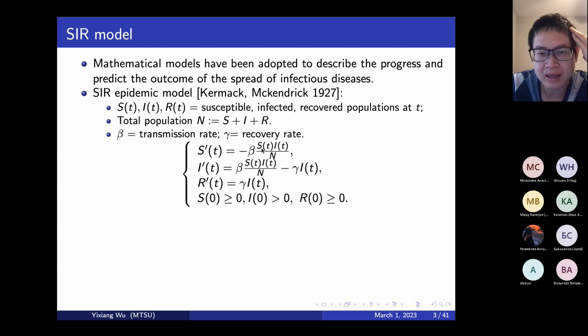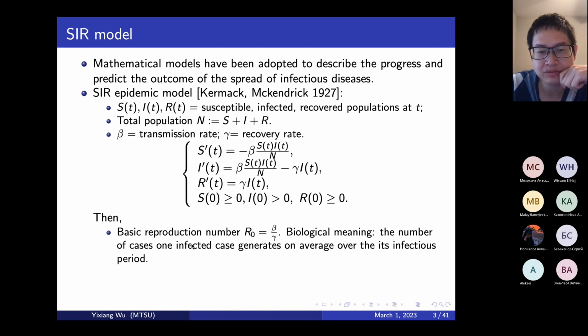Here the term beta S I over N is used to describe the interaction between susceptible and infected people. We call this the standard incidence mechanism term. Even though the model is very simple, it still has some nice biological implications.